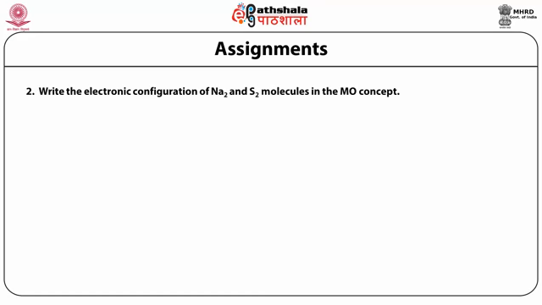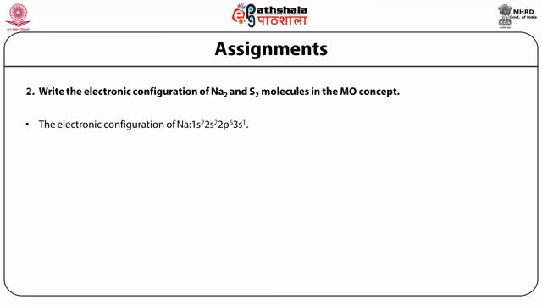Write the electronic configuration of sodium and sulfur molecules in the molecular orbital concept. The electronic configuration of sodium is 1s², 2s², 2p⁶, 3s¹. This is the standard electronic configuration.